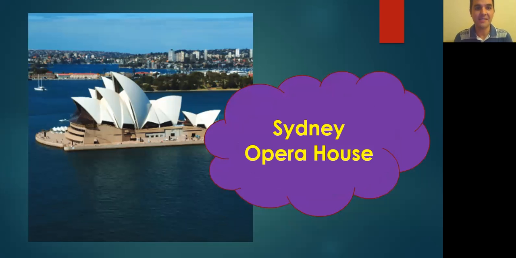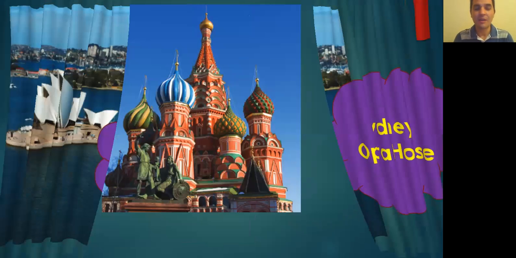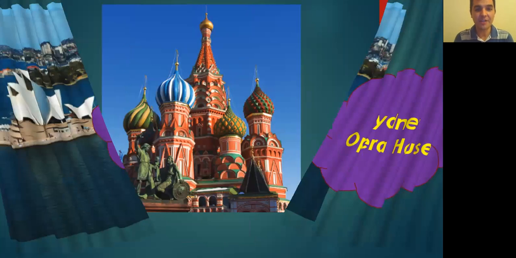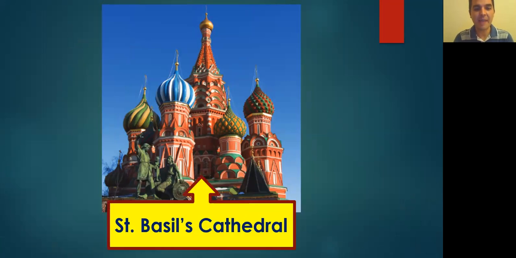Very famous, especially if you saw the movie Finding Nemo. And finally, we've got this quite colorful structure. I like the colors. This is in Russia. It's St. Basil's Cathedral.